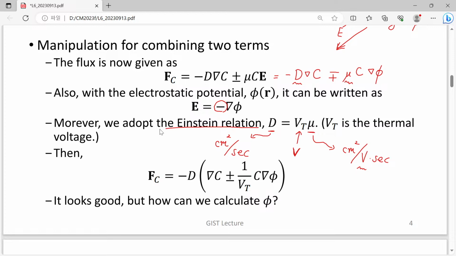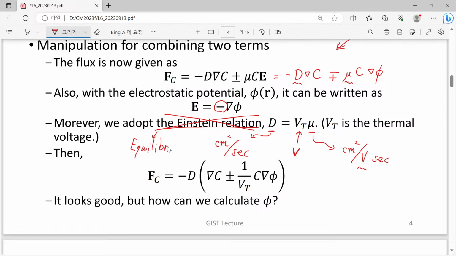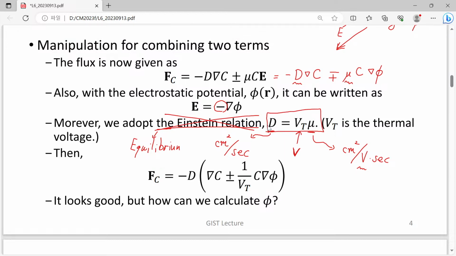But I want to say that this Einstein relation is not a general relation, in a sense. When you consider general cases, you cannot actually assume this Einstein relation. But it is generally valid when you consider equilibrium cases. In equilibrium cases it is always true, and in non-equilibrium cases there is no guarantee that we have the Einstein relation.